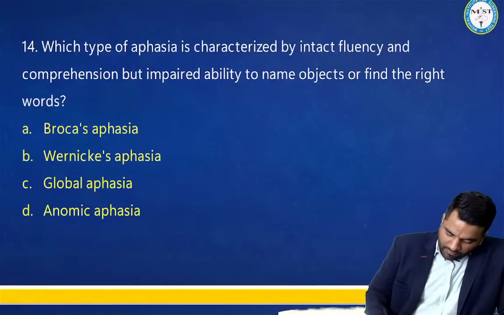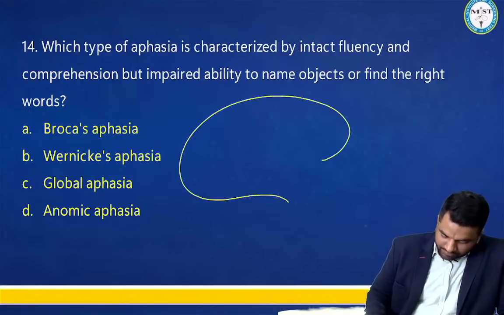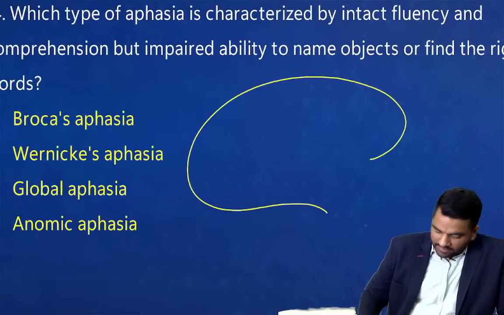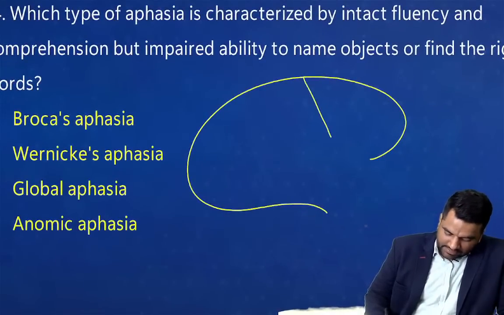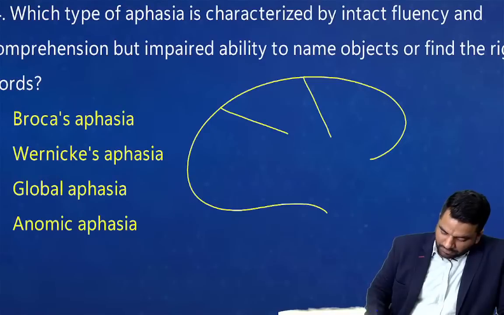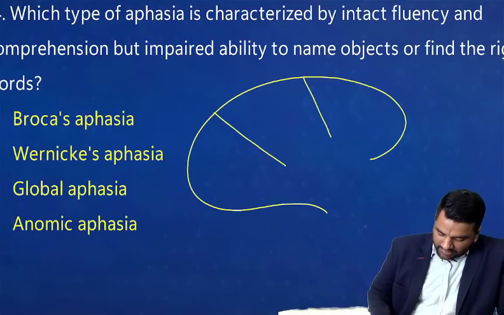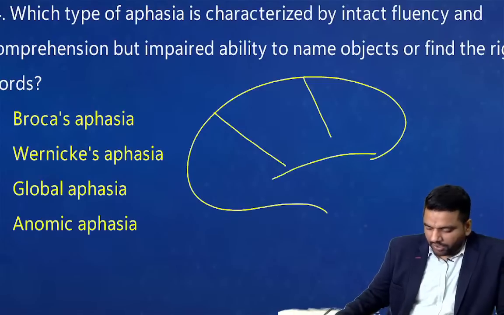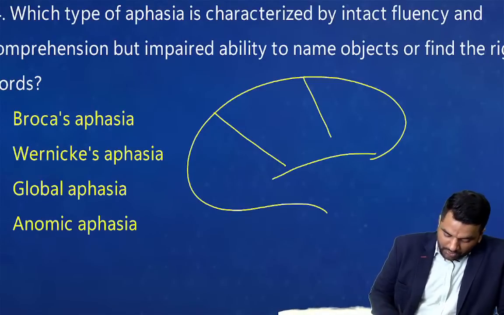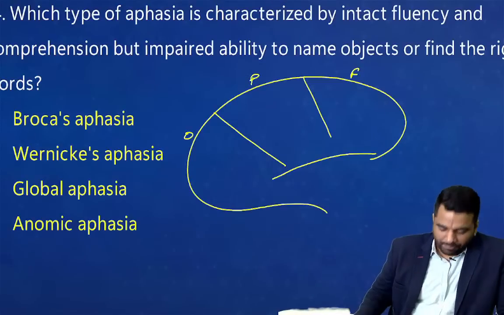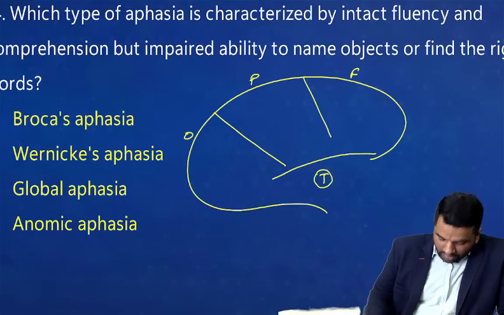Yes. So as you know, you can remember this image, right, beta? This is the central sulcus, this is the parieto-occipital sulcus, and here is the longitudinal sulcus. This is the frontal lobe, this is the parietal lobe, this is the occipital lobe, and this is your temporal lobe.